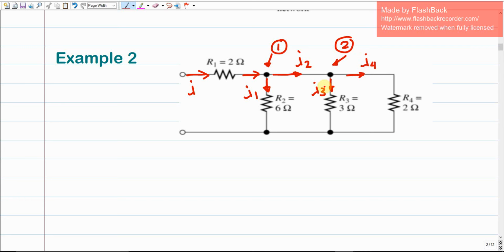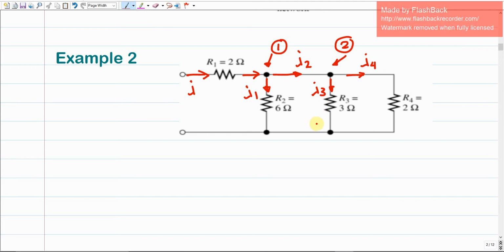It means that according to the Kirchhoff current law that we discussed before, if you sum I3 plus I4, this should give us the total current, which is I2, and the sum of I2 plus I1 is going to give us the total source current, which is just I. So if I ask you how much is the current over R4, it should be I4. How much is the current over R3, it should be I3.